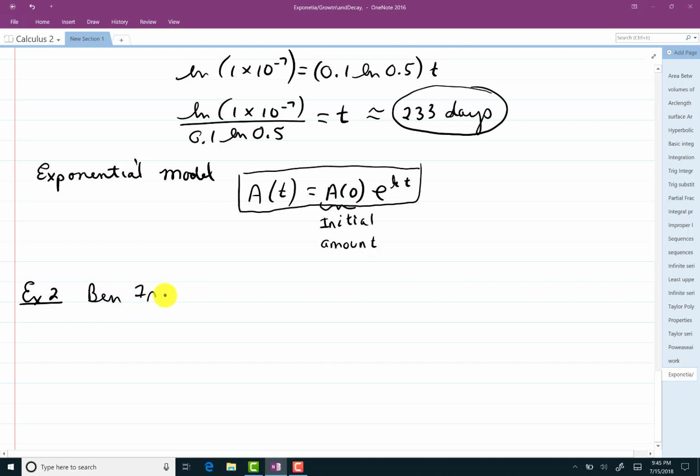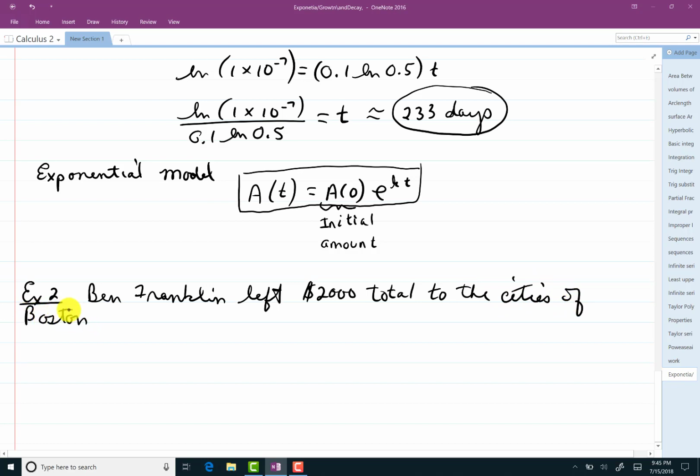Ben Franklin left $2,000 total to the cities of Boston and Philadelphia when he died.